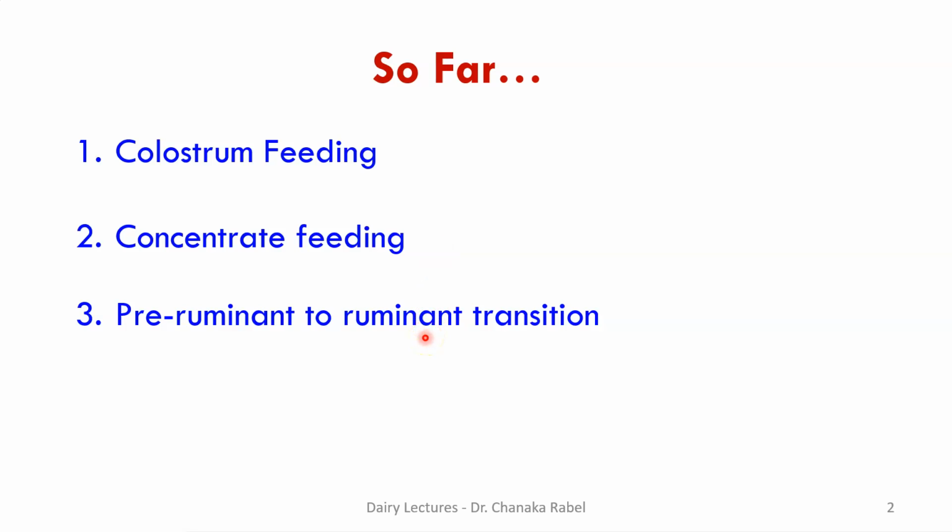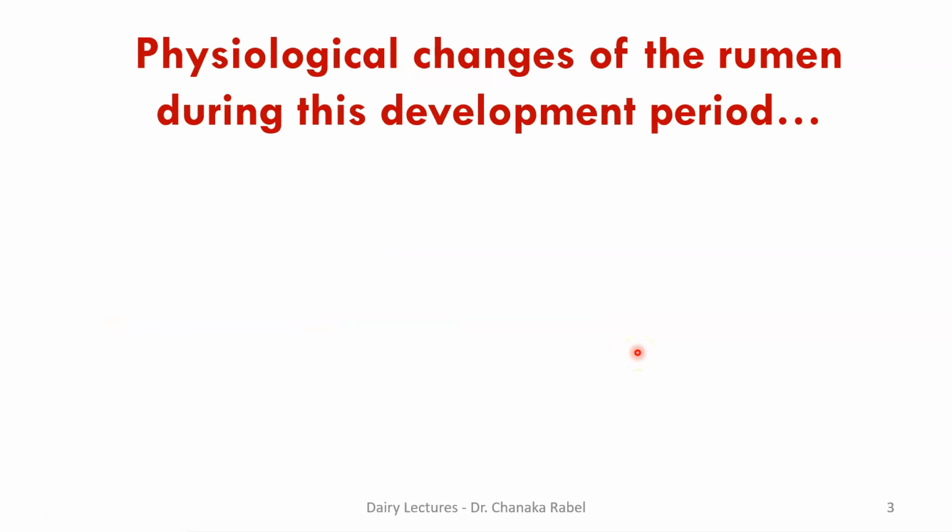And then we also talked about a very important part of all of pre-weaning management, which is ensuring the pre-ruminant to ruminant transition. We spent quite a lot of time talking about that as well.